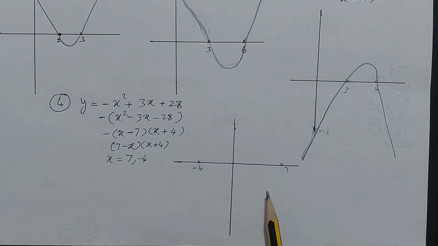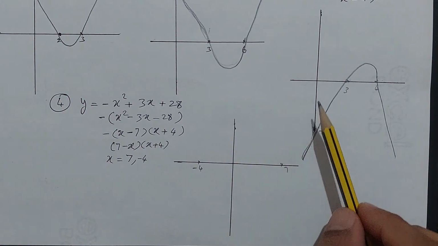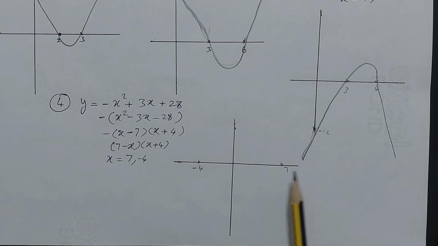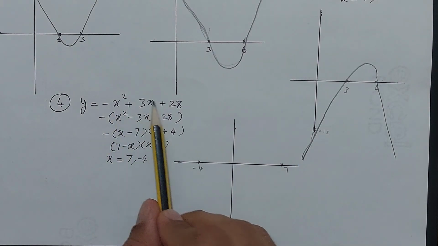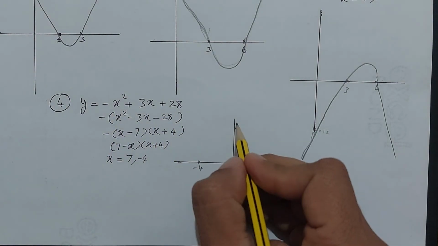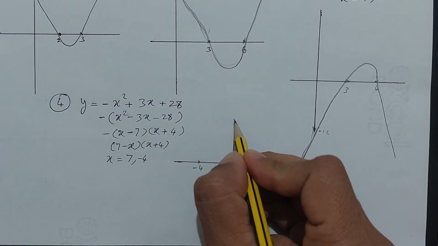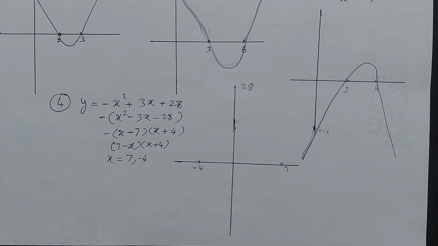If the both are on the same side, then it'll be the bottom. If the both are apart, positive and negative, it'll be u. So make 0 plus 28. So it'll be somewhere up here, plus 28.